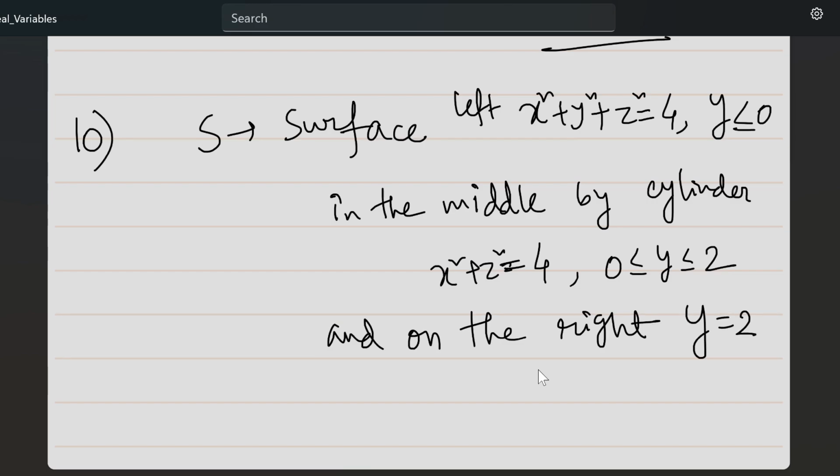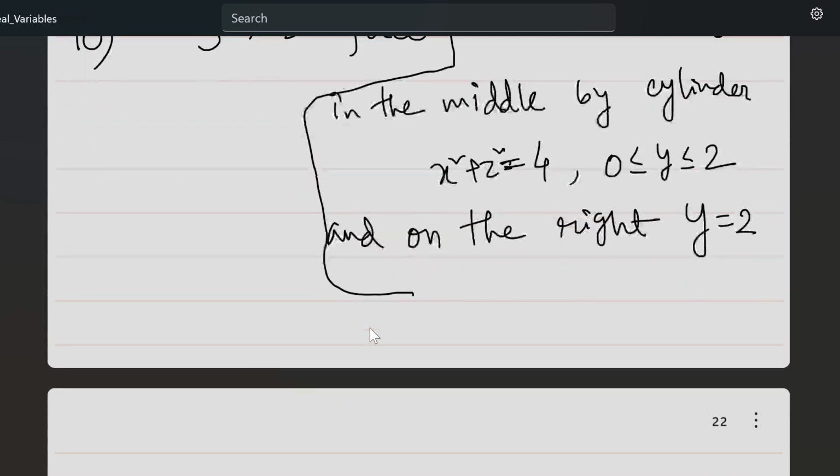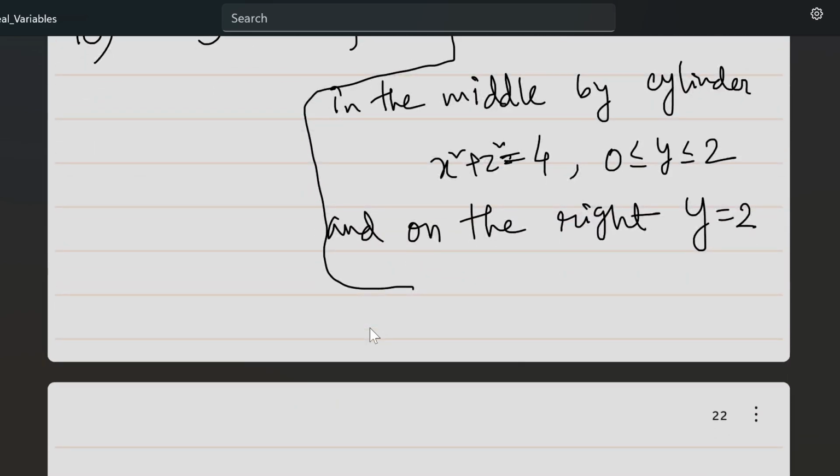So tell me how to draw. The surface is like this type of thing. Left, it is a hemisphere; middle, cylinder; right, plane. Let me try to draw.